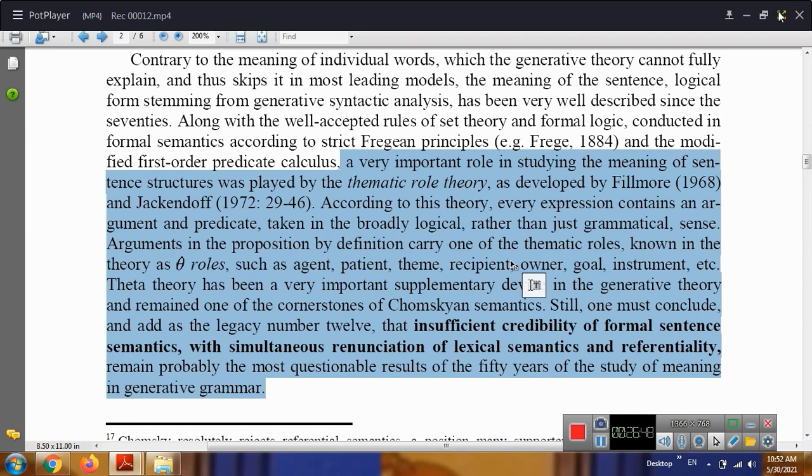Here we introduce the theta roles for you: agent, patient, theme, recipient, owner, goal, and instrument. They are very important in generative theory, and we consider them the Chomskyan semantic cornerstone.